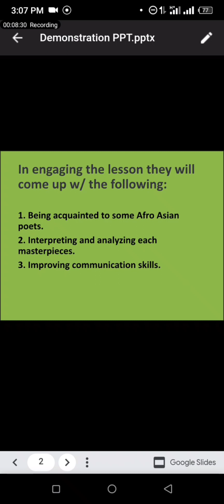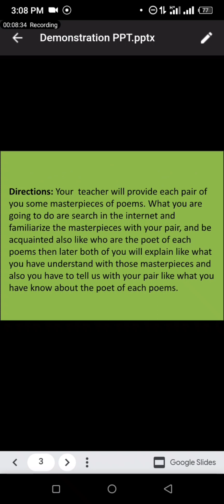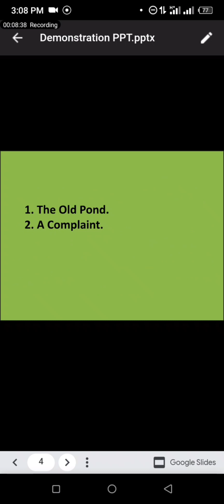So here are the masterpieces, following the direction that I have mentioned earlier, that you need to search on the internet. The first is The Old Band. Second is A Compliment. Just like what I have said earlier, search on the internet who is the poet of this.